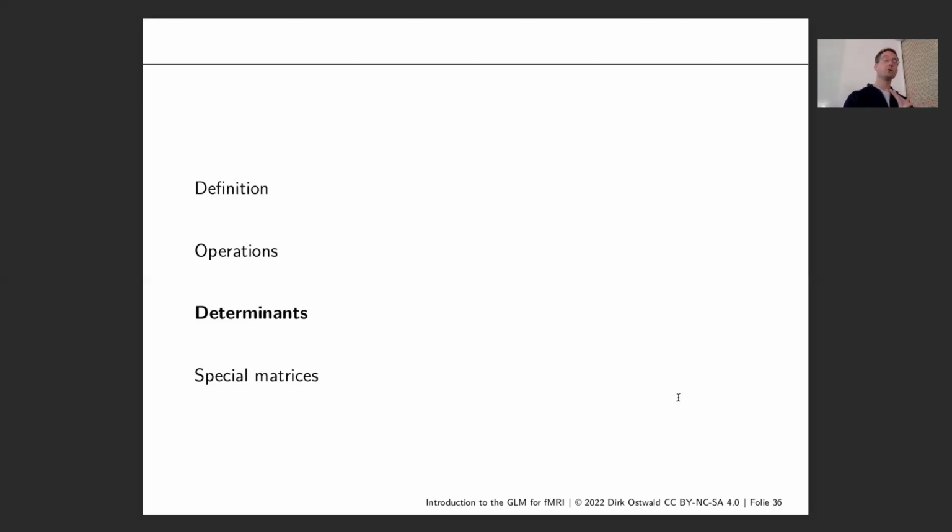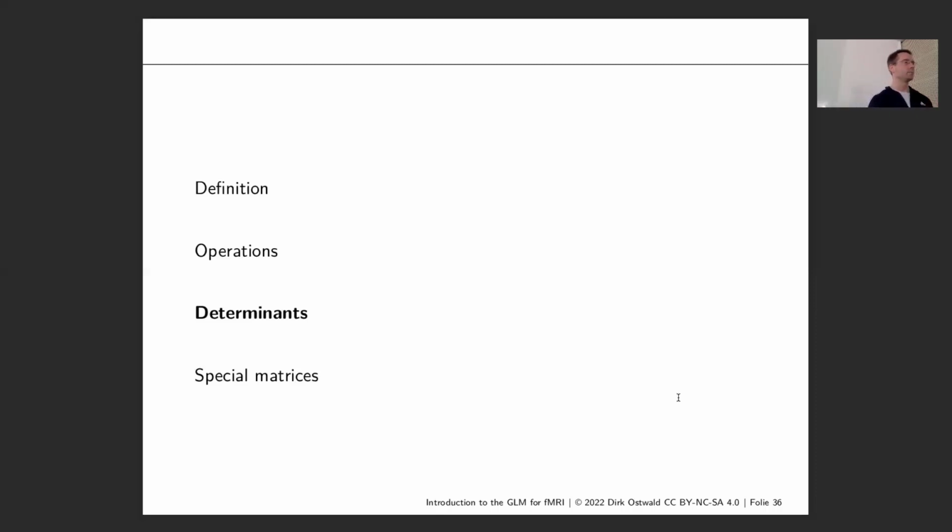And we can invert square matrices, only square matrices. The inverse of a square matrix is that square matrix that, if multiplied with our original matrix, gives us the identity matrix. That's what we have learned thus far.